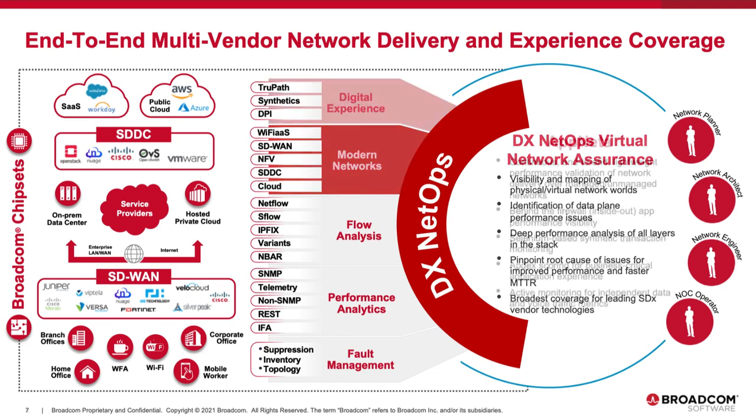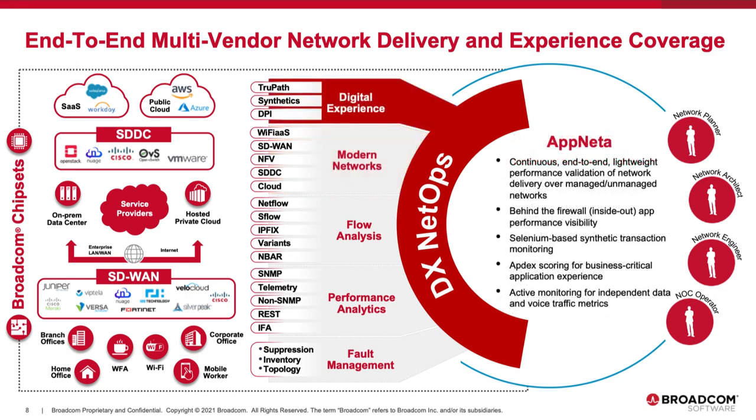And then finally, with the AppNeta acquisition and first integrations of AppNeta information and metrics inside the NetOps portal, being able to understand what the entire network path looks like from the start of it and true end-to-end.